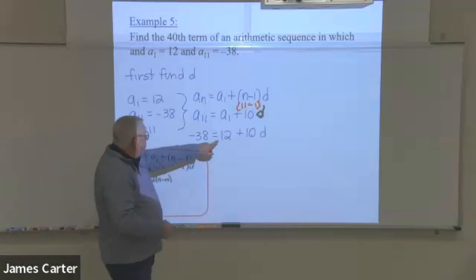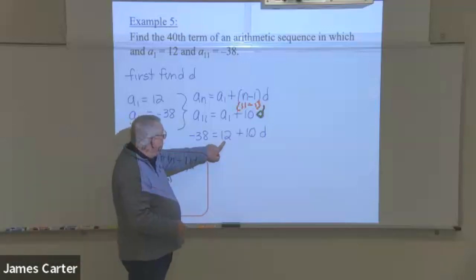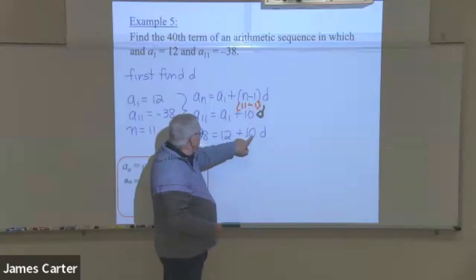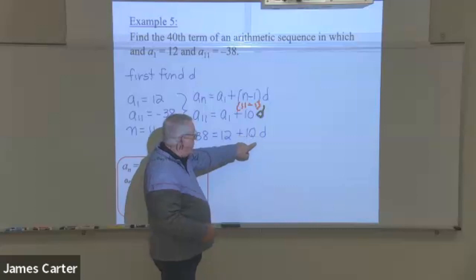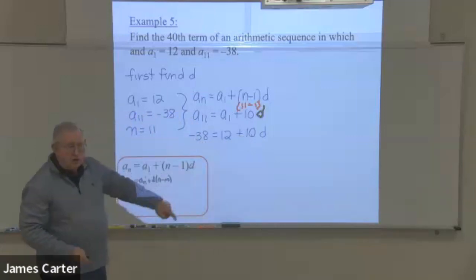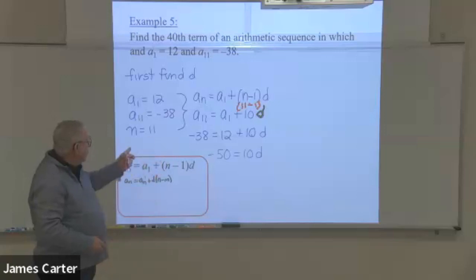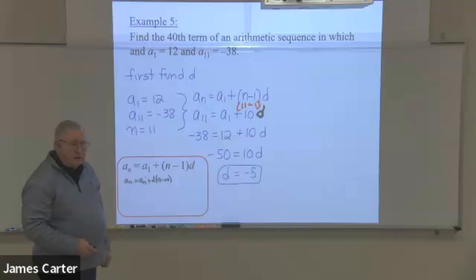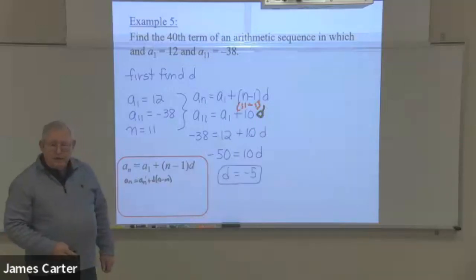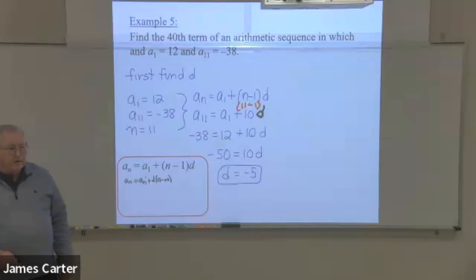We know the first term is 12. Figure out from this 11 minus 1 times d that we've got 10d here. Well, that's an equation to solve. Take the 12 over to the other side. Divide both sides by 10. And we've got a common difference of negative 5.